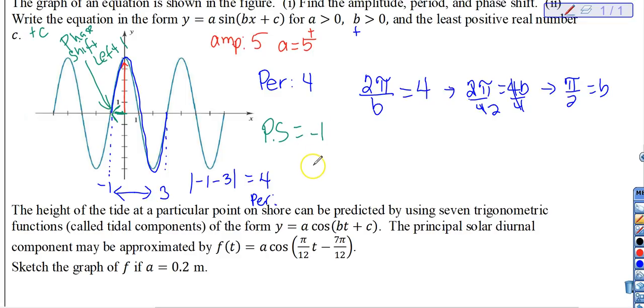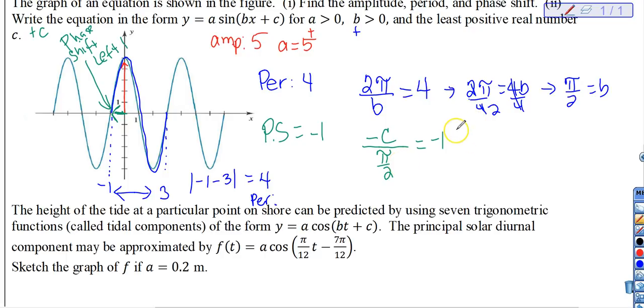And to find our C term, the formula for phase shift is the opposite of C over B, and our B term is pi over 2. So we'll take our actual phase shift and the formula for phase shift to find our C term.